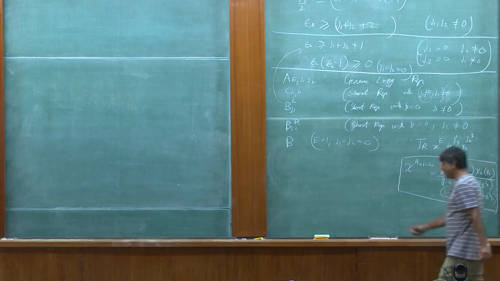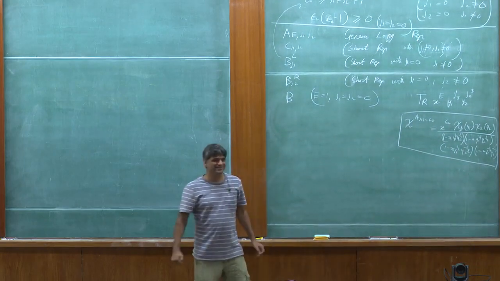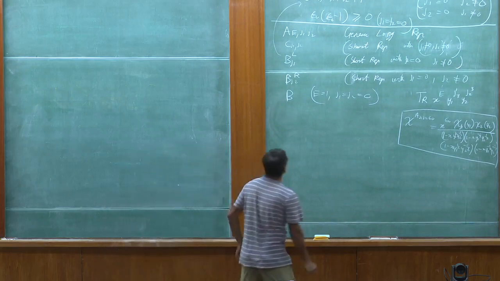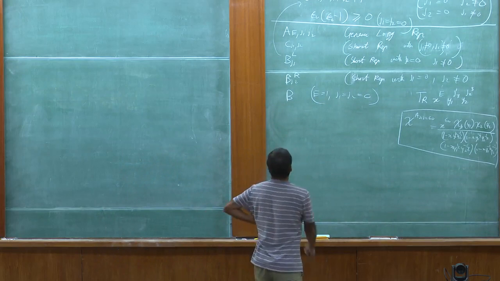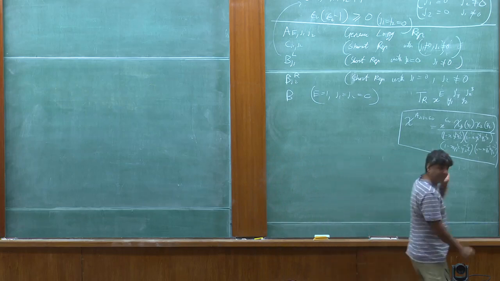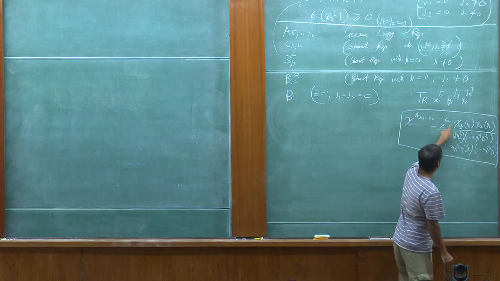Now I want to write down the characters of the short representations. Sorry, can you explain this formula? Yes. You take the primary, which has this character.